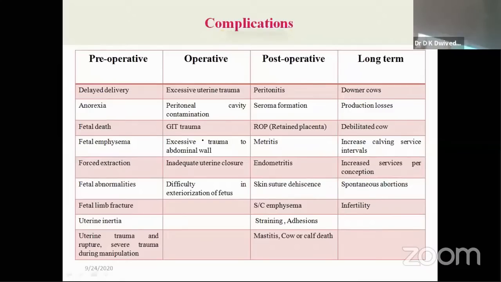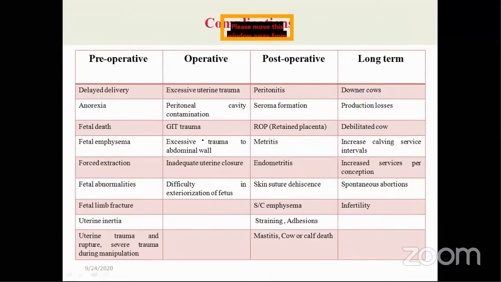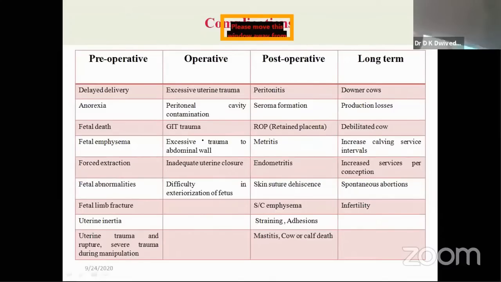But if you see the long-term complications of the C-section, you may observe Downer's cow syndrome. There may be production losses. This is a great economic loss to dairy farmers. There may be a debilitated cow, which is also one complication. There may be an increase in the calving service intervals because of the compromise in the future reproductive efficiency of the animal.